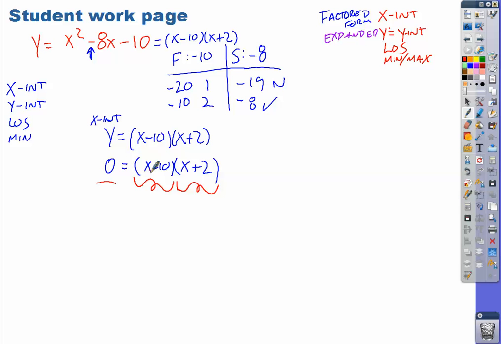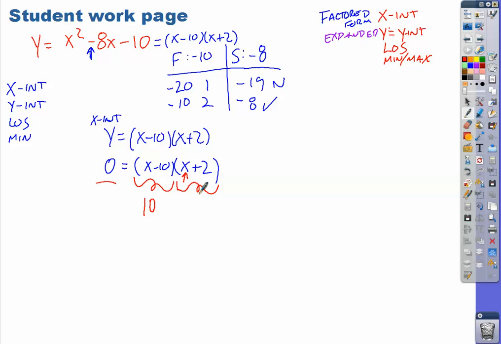Well, what can we substitute in for x to make that 0? So 10 minus 10 is equal to 0. Therefore, this x must be 10. On our second binomial, 10 plus 2 is going to be 12, right? But it's not going to matter because 10 minus 10 is 0, and 0 times 12 is 0. We get our 0. What can we substitute in for this x to make this binomial 0?